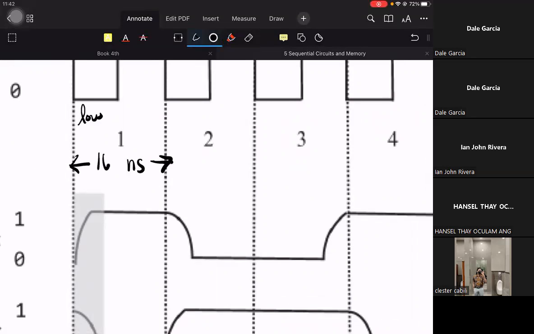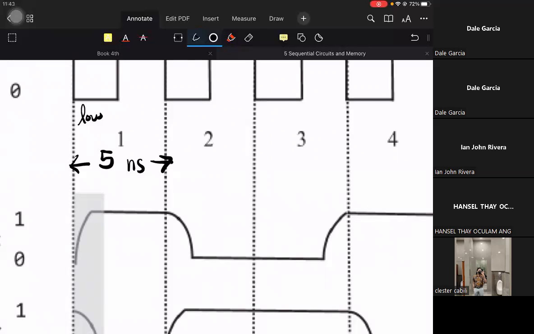So if this is originally 10 nanoseconds, but if we cut it into half, 5 nanoseconds, the cycle duration is only 5 nanoseconds. So we made it 2 times faster compared to our 10 nanosecond clock.